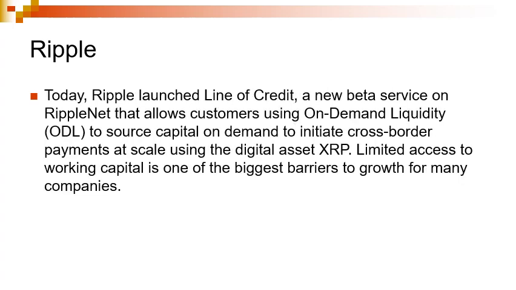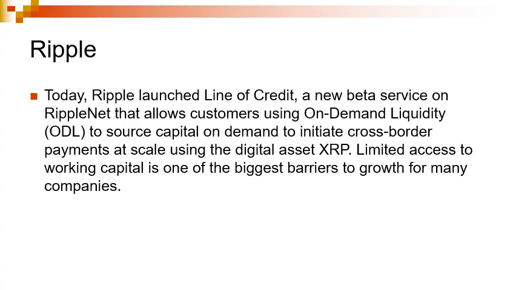Ripple launched Line of Credit, a new data service on RippleNet that allows customers using on-demand liquidity to source digital capital on demand to initiate cross-border payments at scale using the digital asset XRP. To transfer payments from your account, you must have sufficient funds.